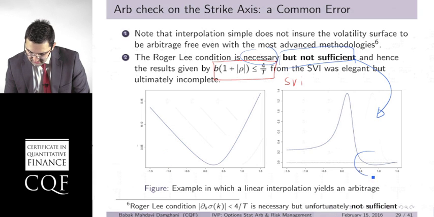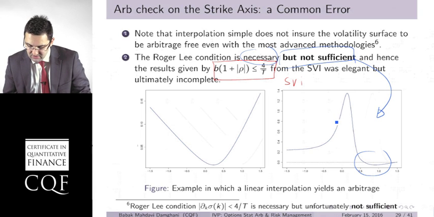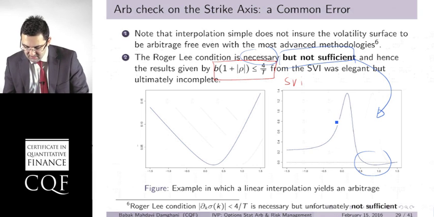And this is a counterexample of a situation in which this inequality is verified, but you can see here if you plot the density. So this is the density of your call. The density and the butterfly arbitrage are essentially the same thing in different axes. So in here, when your density is negative, that means you have a negative butterfly.